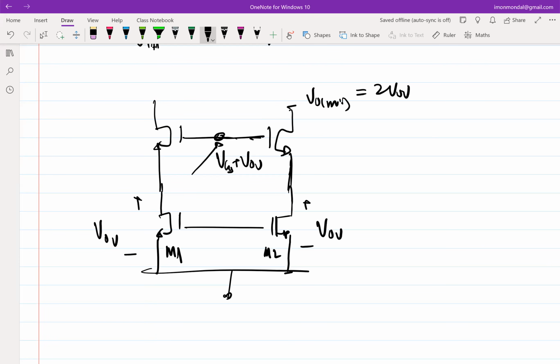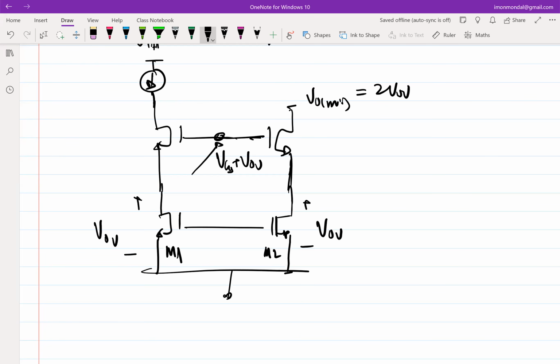So ultimately, I still have this. By the way, if I only connect it like this, what will this structure do?